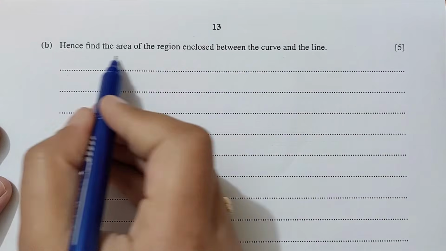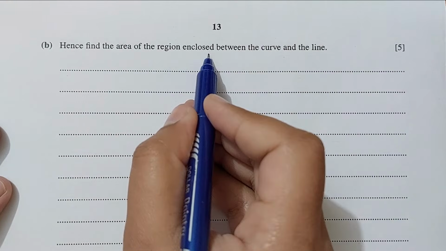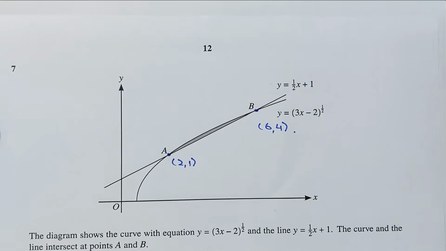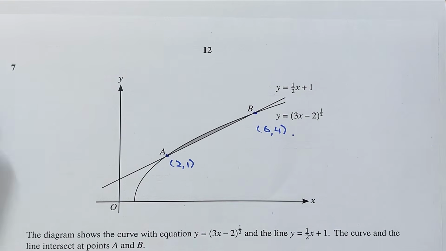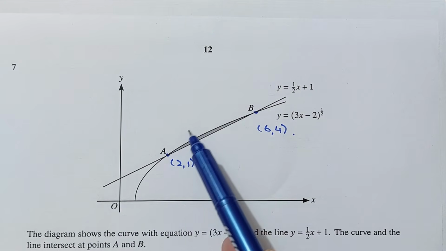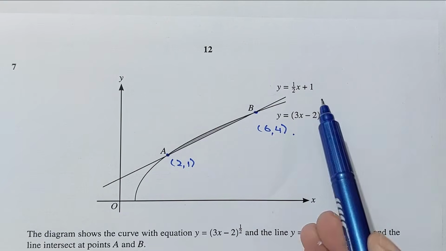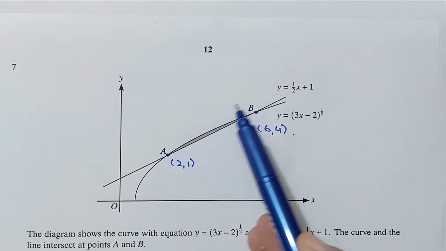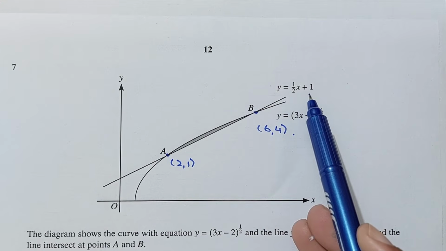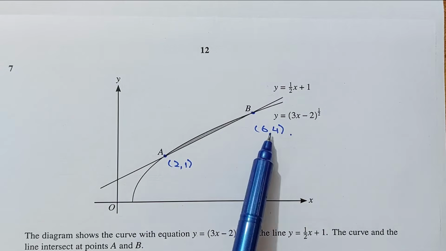Now for part B, hence find the area of the region enclosed between the curve and the line. Okay, area between the curve and the line we have to find. As you can see, the curve is above the line, so we have to do area of the curve minus area of the line. We integrate between the two x coordinates, 2 to 6.